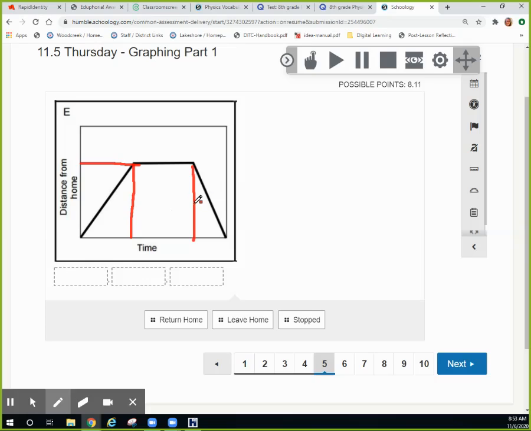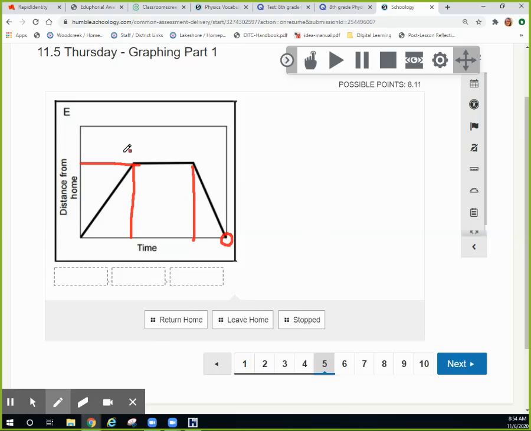All this time passed before this person started moving again. Okay, so they were leaving home, they stopped, and then they went back home. Okay, because remember, y=0 is home. That's home.